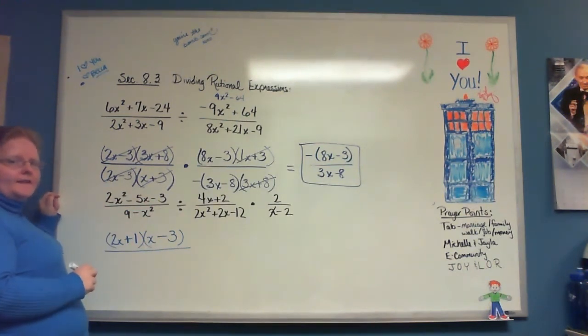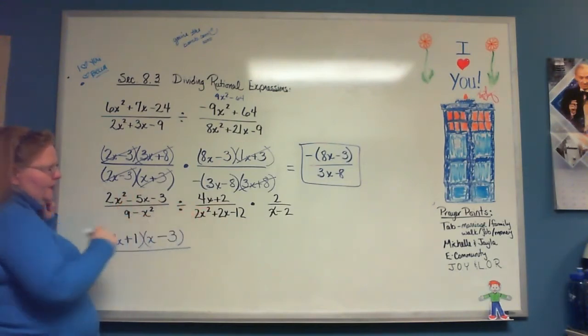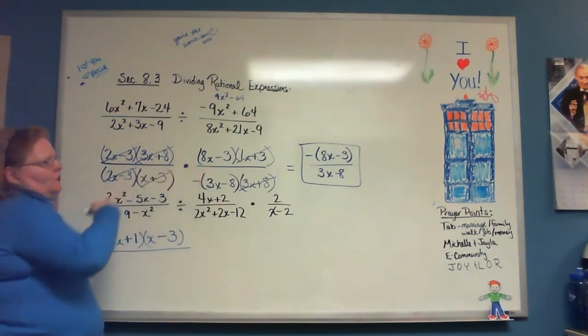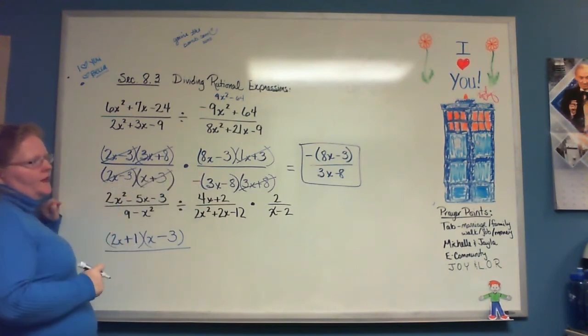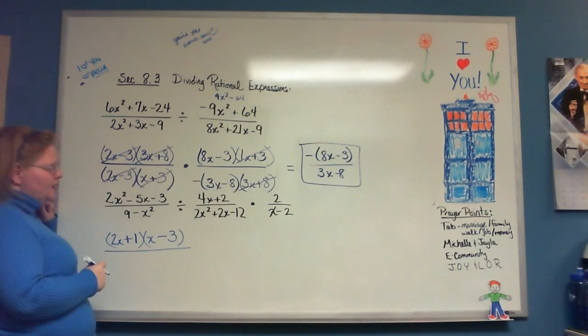You see how the x is in the second spot there? Is the x in the second spot in any of the other ones? So it's kind of like that one was up there where things get turned around. Always want the x in the first spot if you can make it.